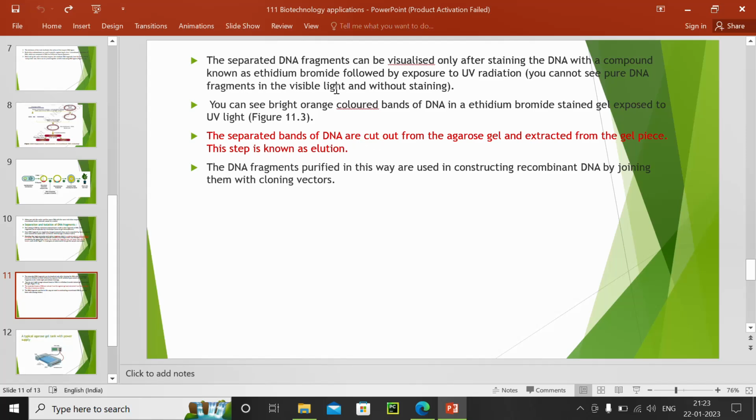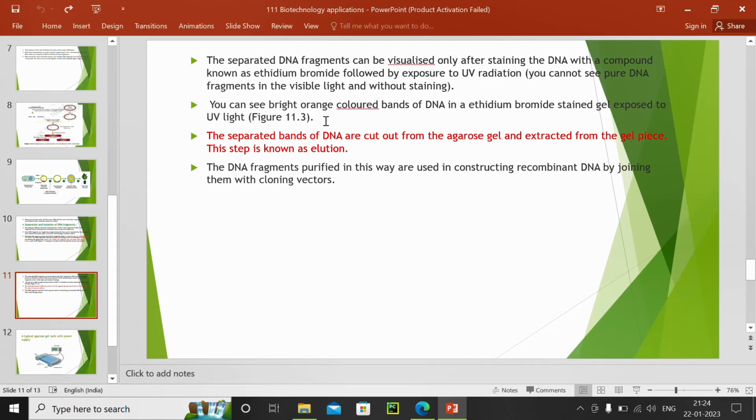Ethidium bromide joins with DNA molecules, and it gives a red or white color under UV radiation. This UV radiation is captured with the help of a camera or a gel doc machine.